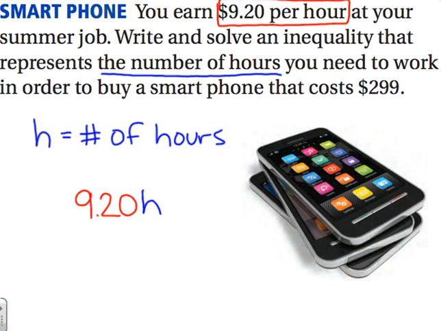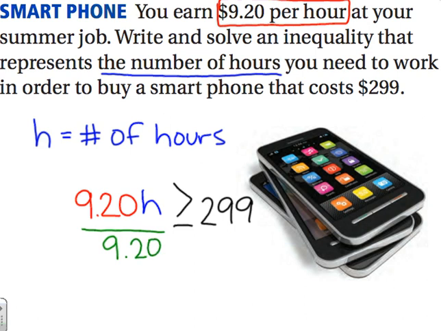We couldn't have less than that, but we could have more than that. So that means that we're going to use the inequality greater than or equal to 299 because we need to have at least $299. Okay, now to solve this inequality, we are going to divide by $9.20 on both sides.